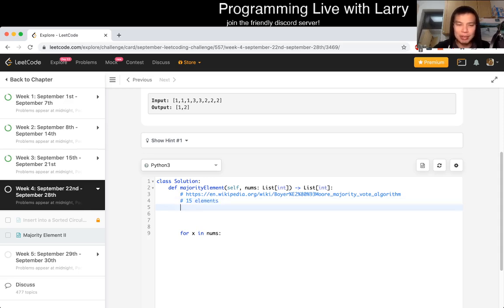What you're looking for is something that appears 8 times. So that means that if it appears 8 times or more, then you have a candidate that will end up with +1 at the end, right? Because it shows up 8 times and so forth.